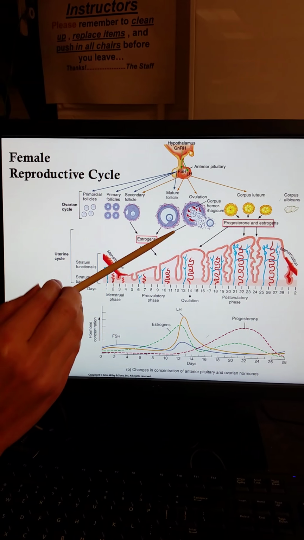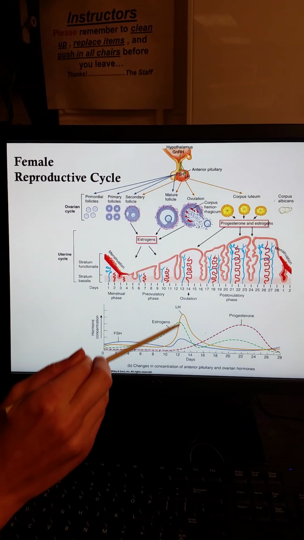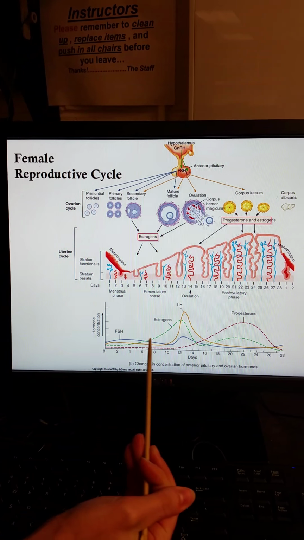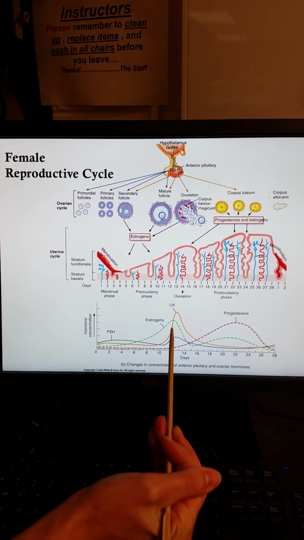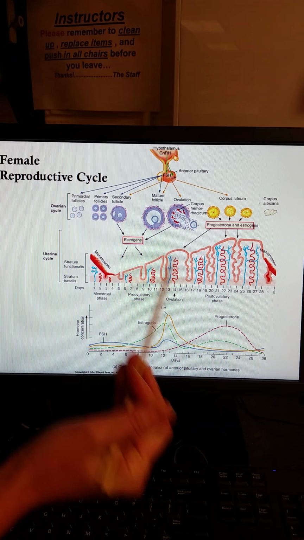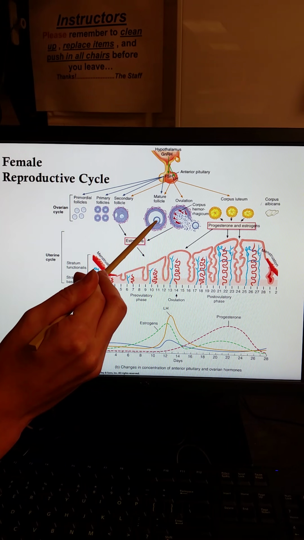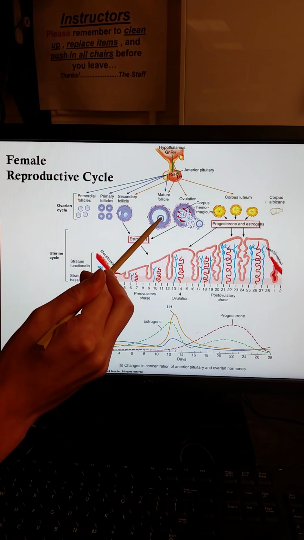Right before ovulation, about day 12, day 13, this gradual buildup of estrogen causes this huge spike in LH that you see here. And that spike in LH does two things. It causes the primary oocyte in here to finish meiosis 1 and become a secondary oocyte.